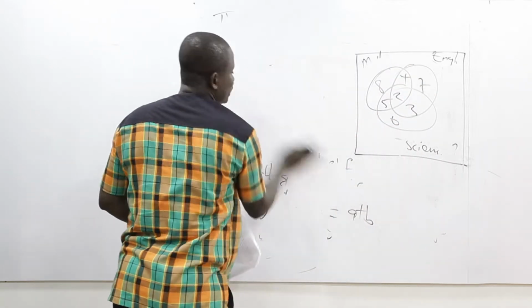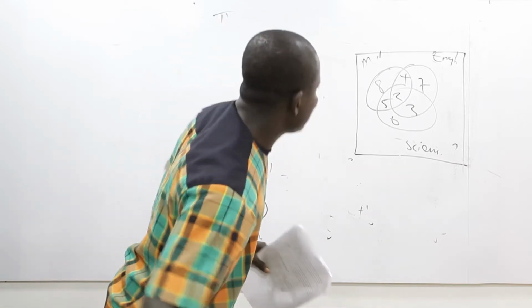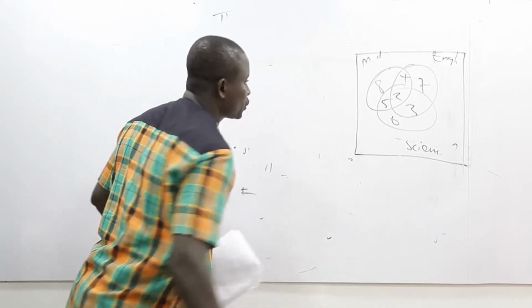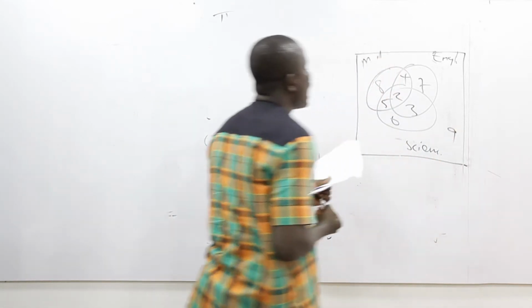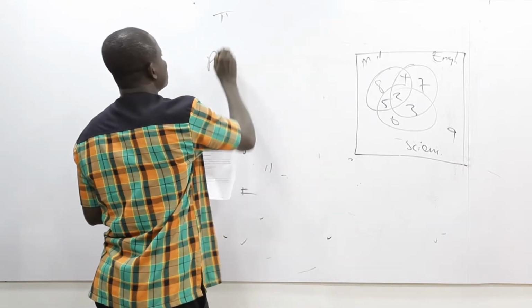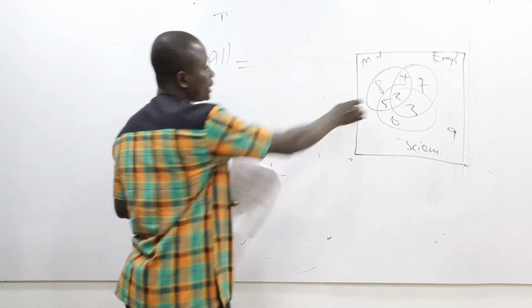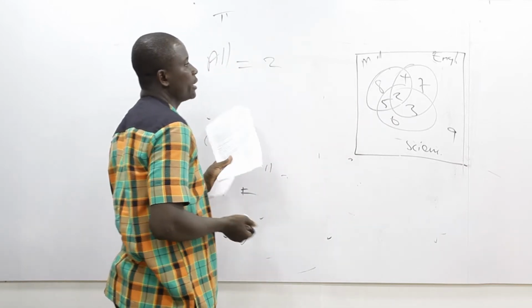Then let's quickly ask ourselves questions. I was using the letters, so I want to use figures so that we get it right. Over here, let's say here is 9. How many people offered all the subjects? All subjects is 2 in the middle here.